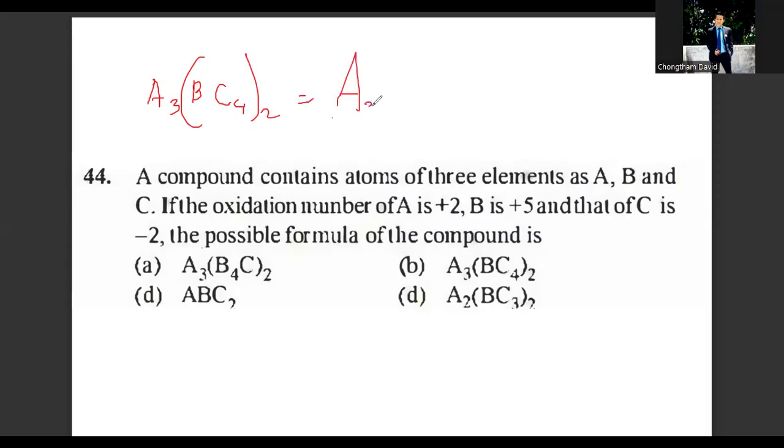So can I rewrite this as A3 B2 C8: 6 plus 10 minus 16, which definitely equals 0. So the formula of this will be option B.